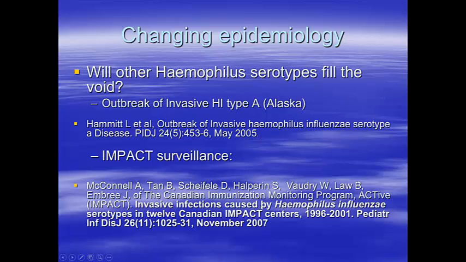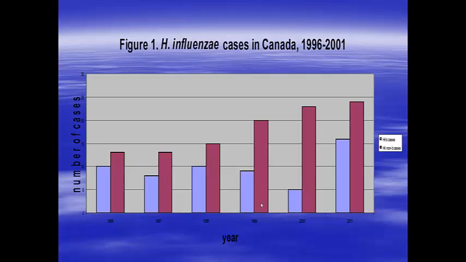Invasive infections caused by non-type B Haemophilus influenzae, documented by that IMPACT surveillance. So here are some cases over time of both type B cases in the light purple color and non-type B cases. Those will be the A's and the C's in the pink fuchsia color, and they do appear to be rising over time.